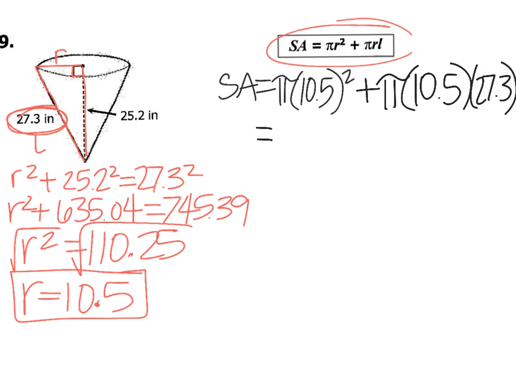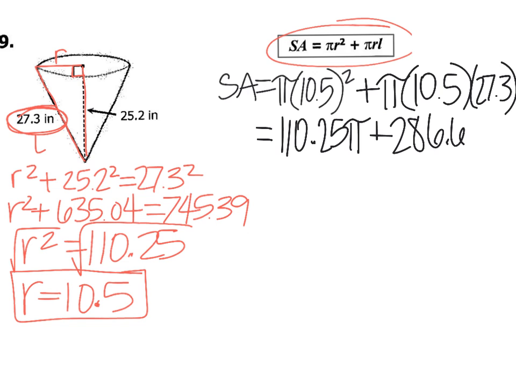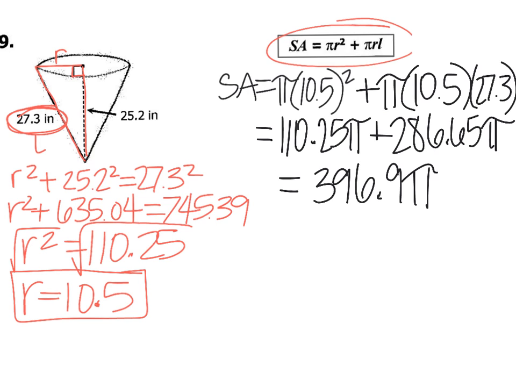Now 10.5 squared is going to give us 110.25 pi, plus 27.3 times 10.5 gives us 286.65 pi. Add them together and you get 396.9 pi, so that would be our exact answer.